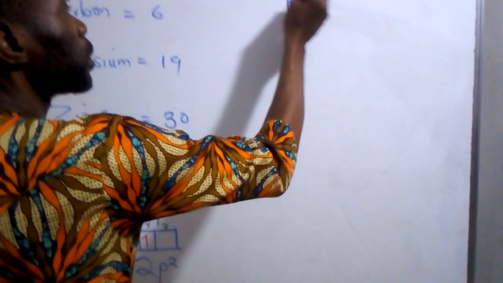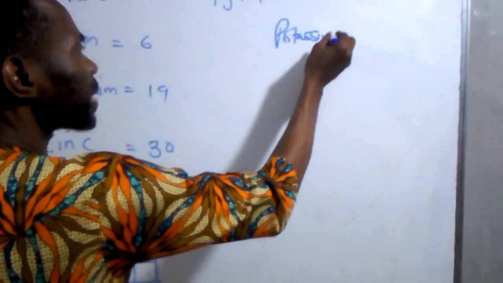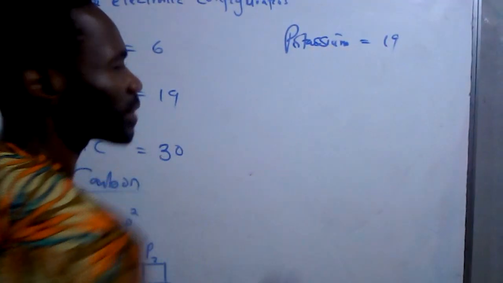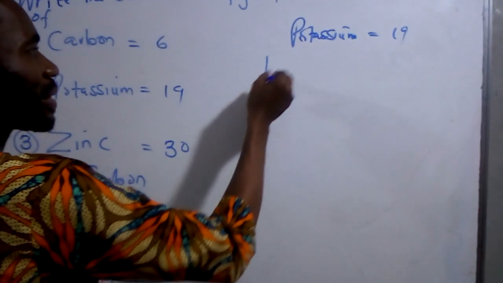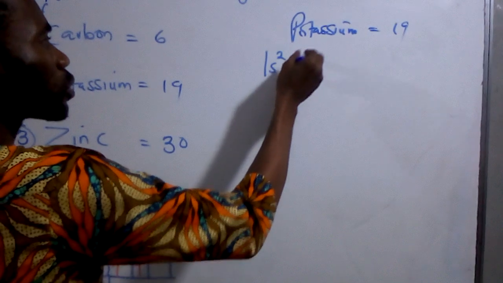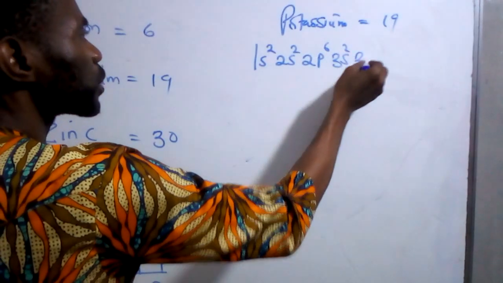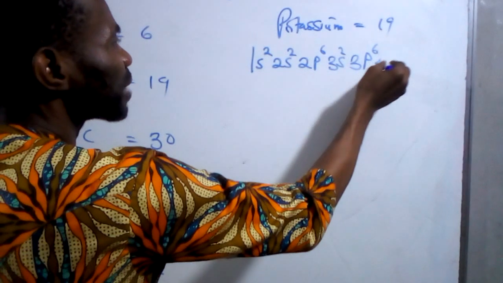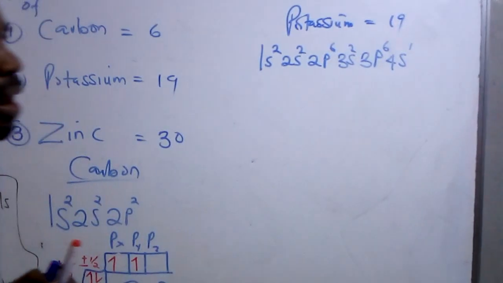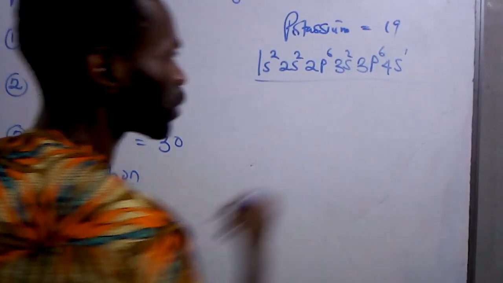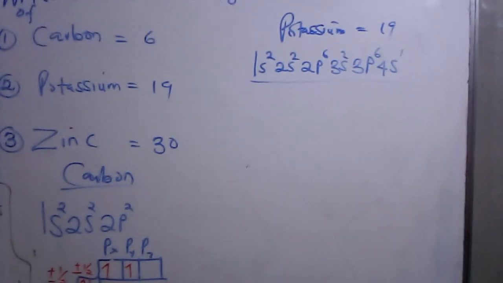Now when we come to potassium, it has atomic number 19, written as 1s2, 2s2, 2p6, 3s2, 3p6, and 4s1. What we have here is the electronic configuration of potassium.